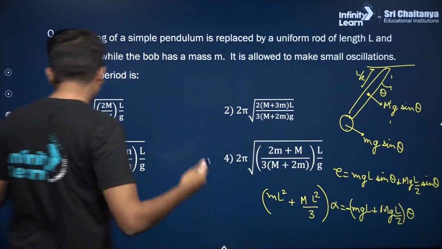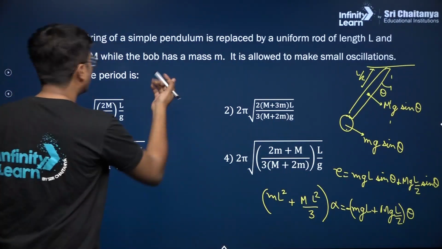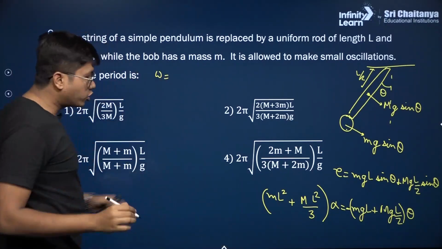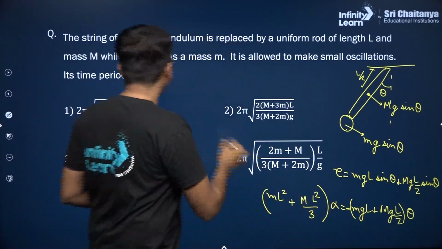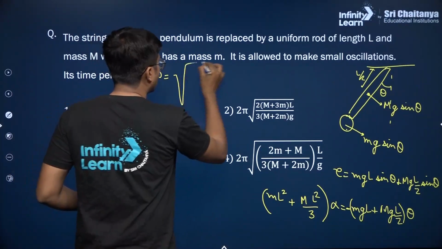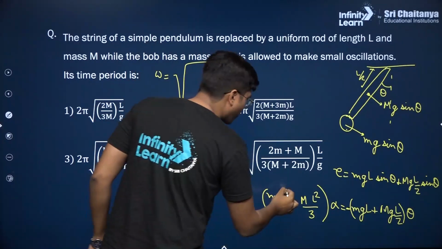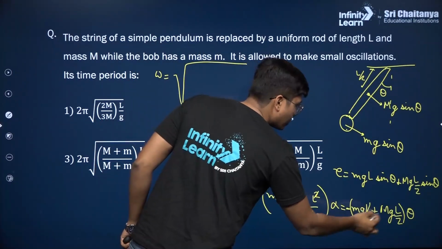So your omega would eventually come out to be, let's do it here because we are running short of space, root over of this quantity. Again you can cancel out one of the L's from this side and this side.